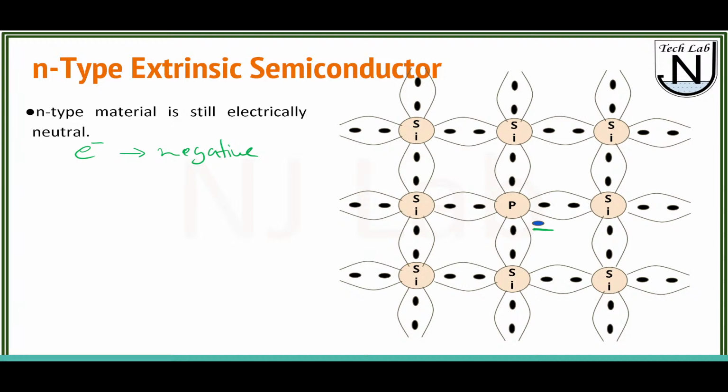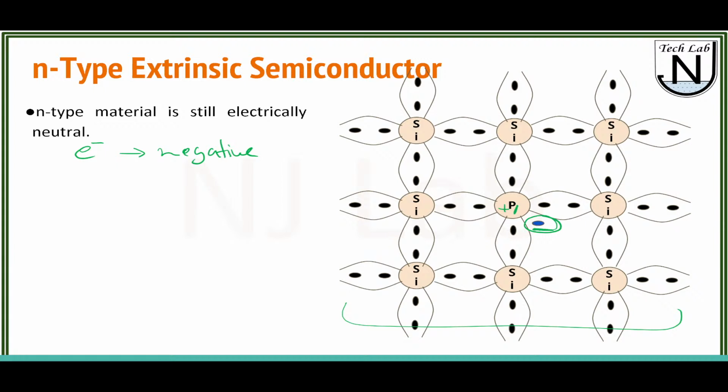But since this electron is free and it is extra, this extra does not mean that the atom becomes negative or this complete crystal becomes negative. It does not mean that. Why? Because this extra electron is there, but with this extra electron we also have an extra positive charge within the nucleus of the phosphorus, right?